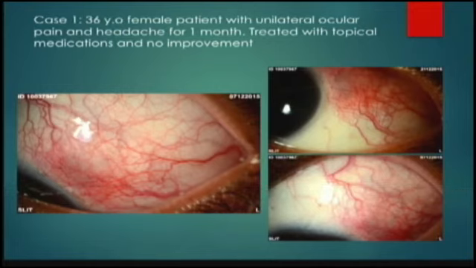So how would you start the management? This is your exam. Starting by the history, of course. First of all, for the local causes, is there any history of trauma, previous surgery? No surgical intervention, no trauma.